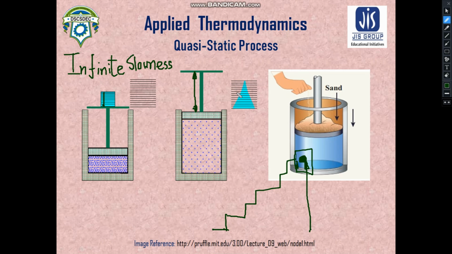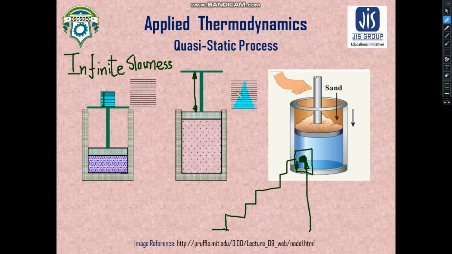Any thermodynamic process maintains thermodynamic equilibrium conditions, and the changes take place in a quasi-static manner. But these are mere assumptions.